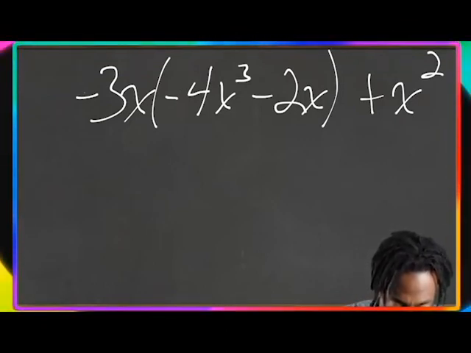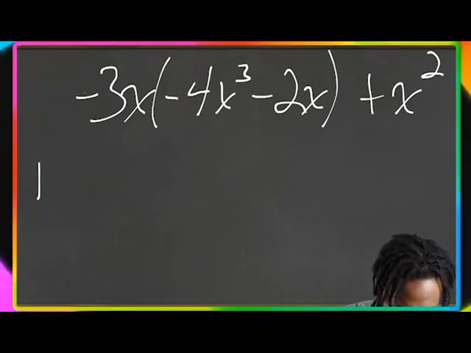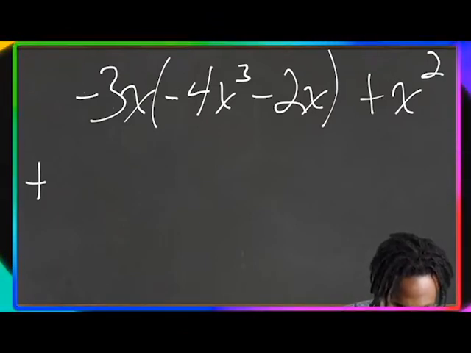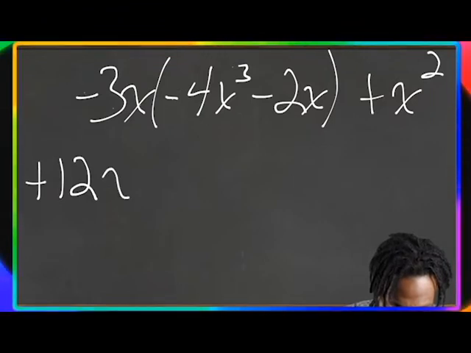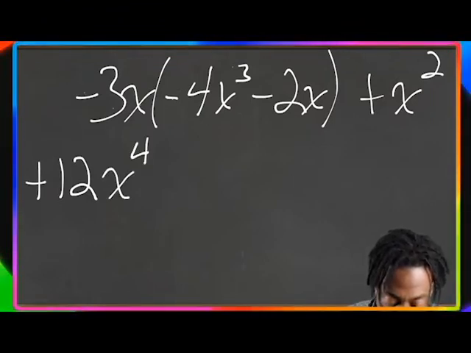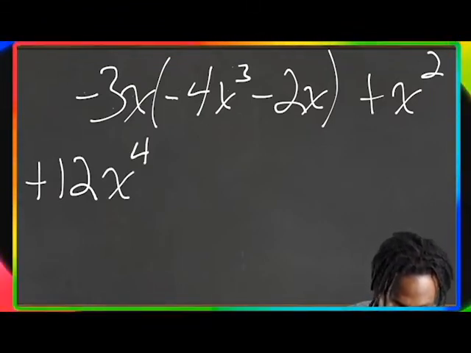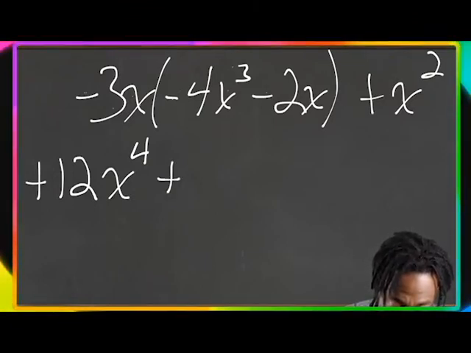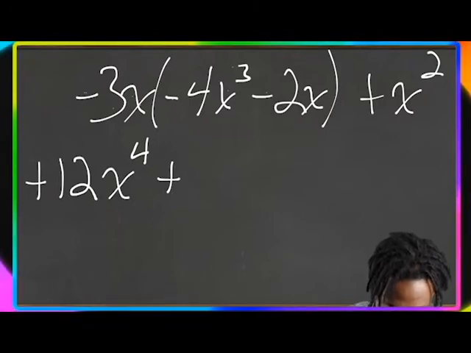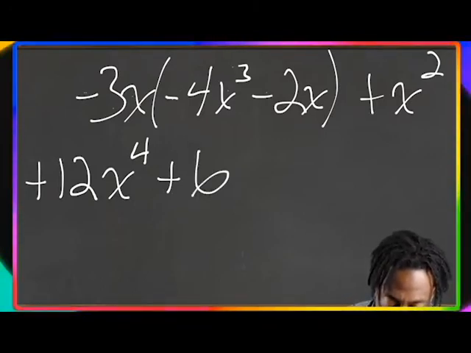So negative times a negative gives you a positive. 3 times 4 gives you 12. How many x's do you have? X to the 4th. 3 x's here, 1 x here, x to the 4th. Negative times a negative gives me a positive. 3 times 2 will give me 6. How many x's do you have?